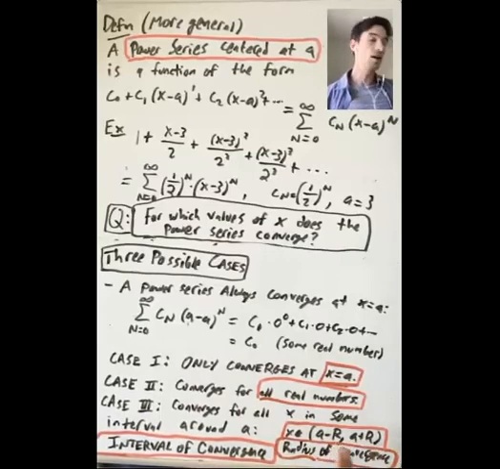And this r that measures the size of the interval, how far away you can get from a and still converge, is called the radius of convergence. So in the next video, we'll just look at some examples of, here is a power series, for which values of x, which real numbers do we put in for x, do we get a series that converges?